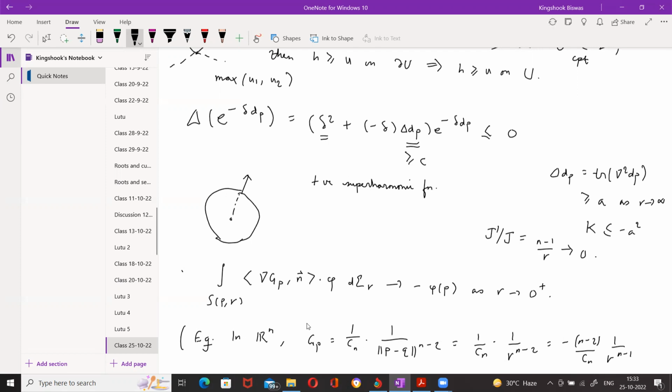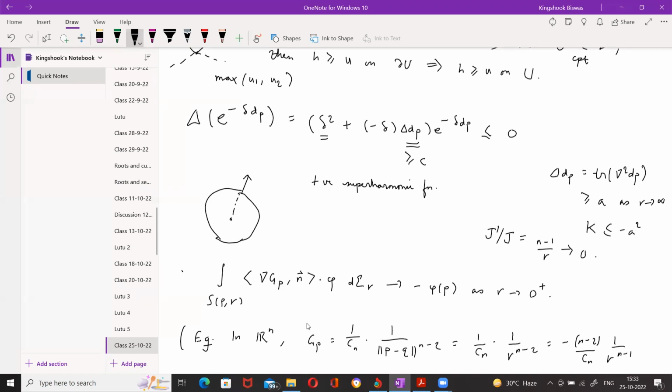And then when I integrate, dσ_r in polar coordinates will be r to the n minus 1 dθ, where dθ is the volume form on the unit sphere. The Jacobian is just r to the n minus 1.